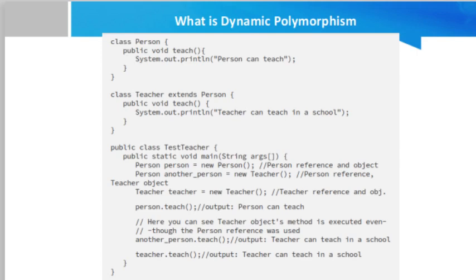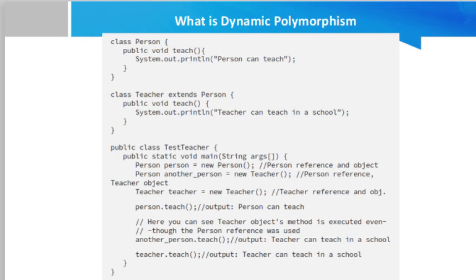Now, the dynamic polymorphism. This is also known as runtime polymorphism, dynamic binding, runtime binding, late binding, and method overriding as well. So let's assume there are methods with the same method signature in classes in a class hierarchy, for example, parent-child relationships. These methods are in different forms.